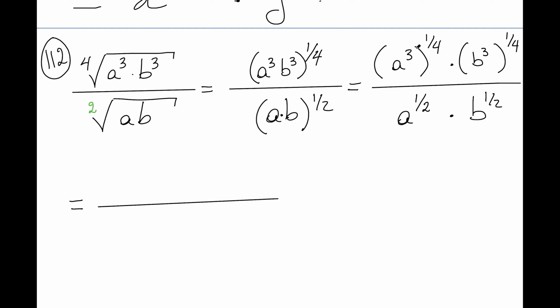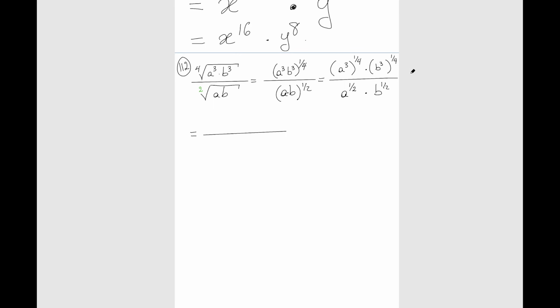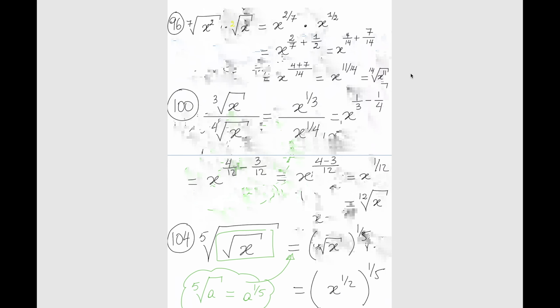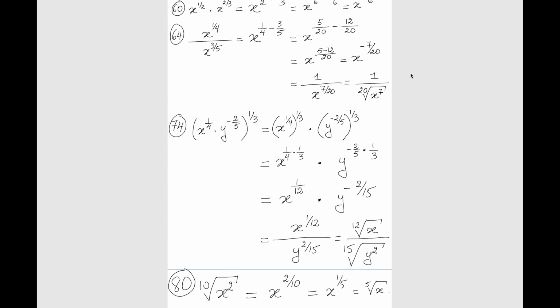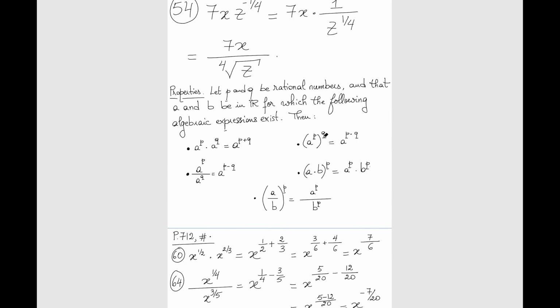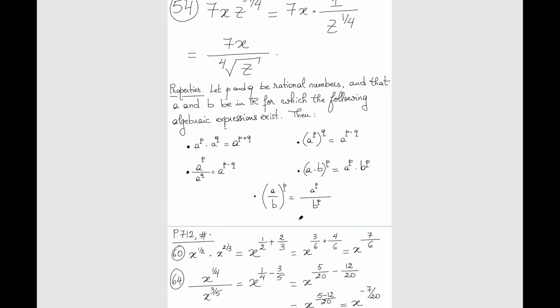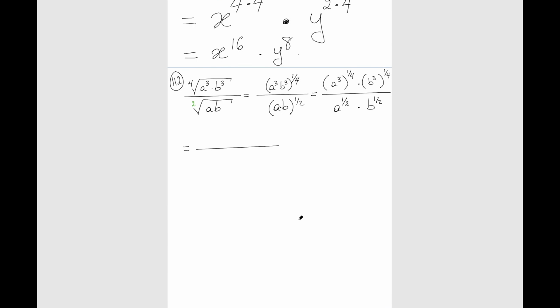This is an exponential expression raised to a power, so I'm going to use this property here. A to the power p, to the power q, is the base a to the power p times q as an exponent.